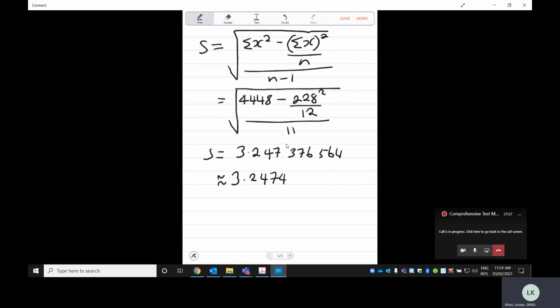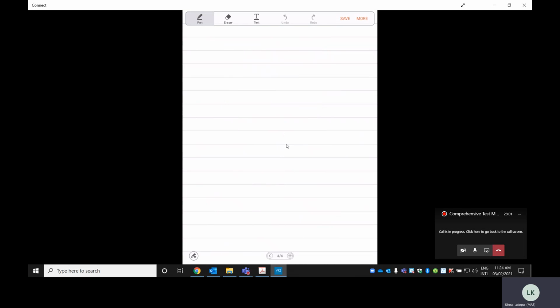Okay, so I will say 19 plus or minus 2.20099 multiplied by 3.2474 divided by the square root of 12. So this gave me 19 plus or minus 2.0633. Okay, and then as always, write a conclusion.